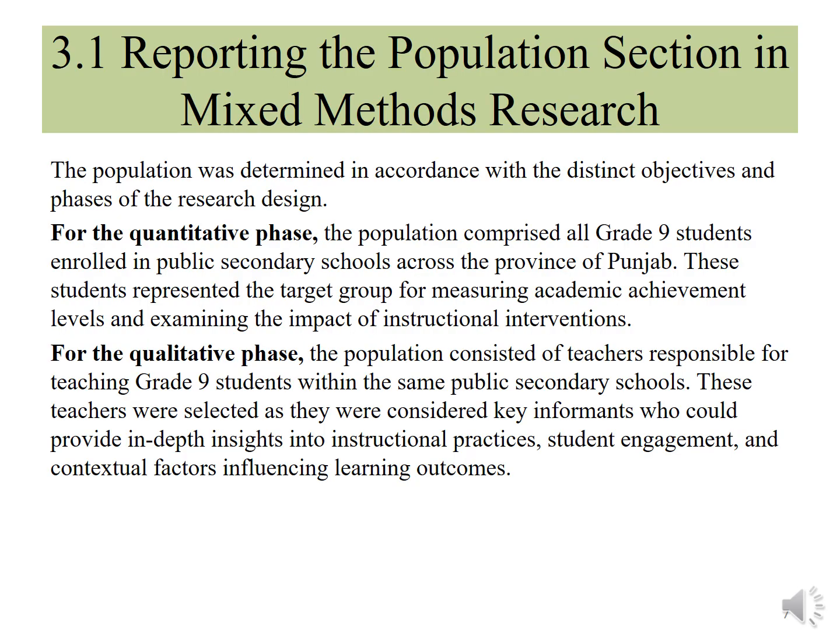These students represented the target group for measuring academic achievement levels and examining the impact of instructional interventions. So, the population was used actually to measure the level of achievement and the impact of instructional interventions.